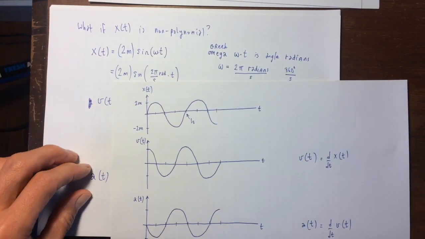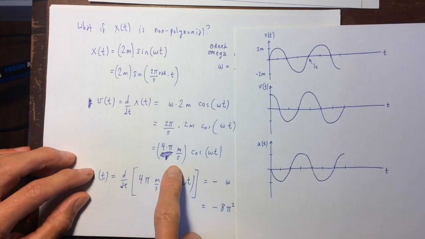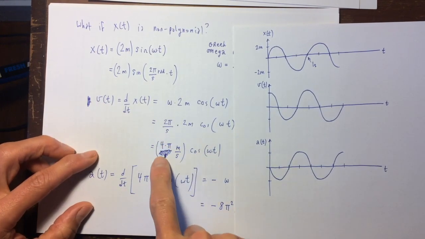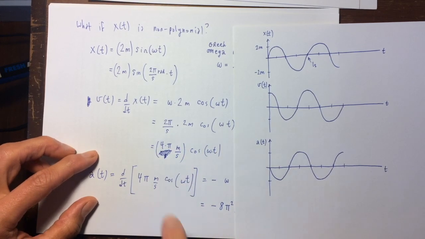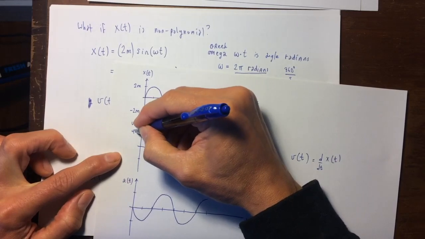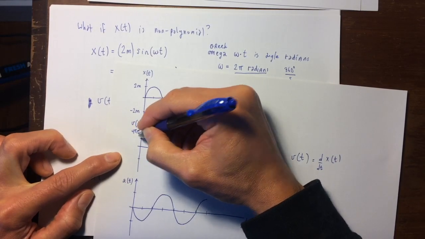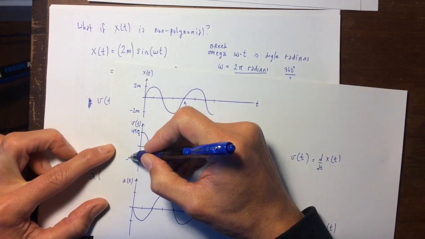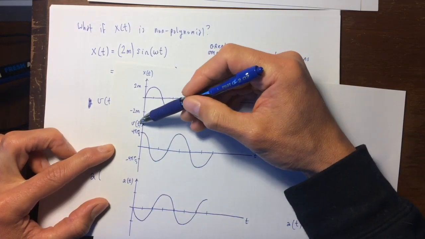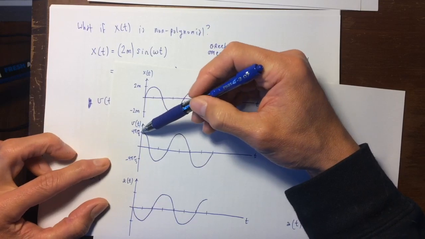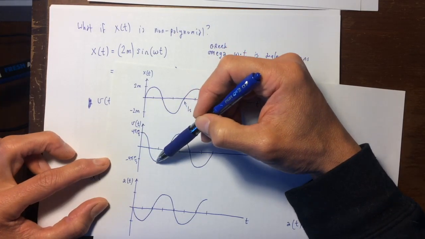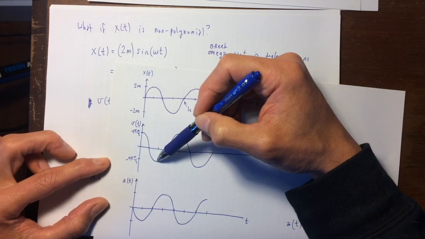Okay, so over here, I see that v of t has a prefactor. This amplitude is 4 pi meters per second. So I'm going to put 4 pi meters per second there, and also -4 pi meters per second here. And our v of t function maxes out at +4 pi meters per second and minimizes at -4 pi meters per second.